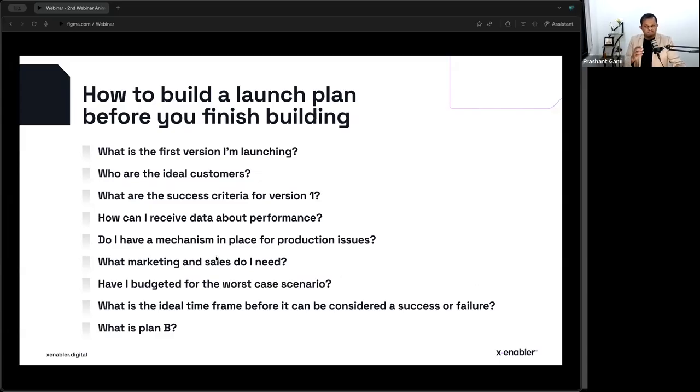So do you have a mechanism in place for production issues? If you are facing crashes, if people are not able to log in, if the forgot password is not working, if something is breaking in production, do you have the data point that tells you before customers go to common forums and start complaining, or go to the app store and start complaining about your app?